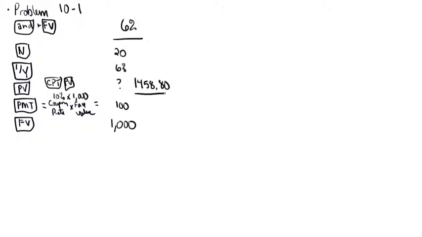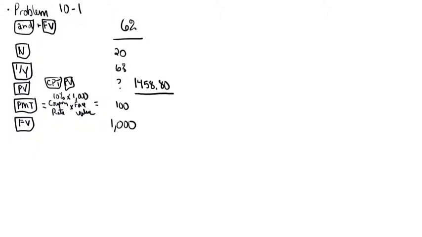In other words, an investor at a yield to maturity of 6%, with a 10% coupon rate on this bond, is willing to pay more than the face value of the bond because the coupon rate is so much higher than the yield to maturity.